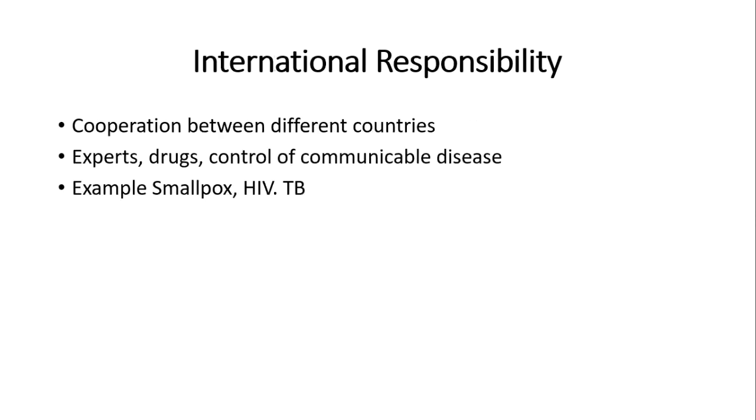Now, how does international responsibility come in? There should be cooperation between different countries, cooperation in terms of experts, drugs, control of communicable diseases. A recent example has been COVID-19, which spread from China. If China had declared or alarmed other countries, they would have closed their international boundaries, and they would have confined COVID-19 very effectively, but somehow that was not done.